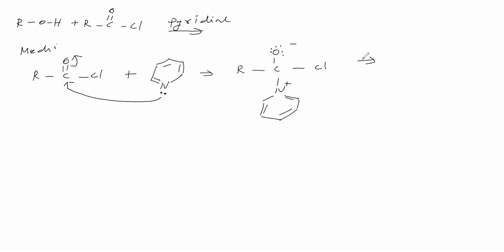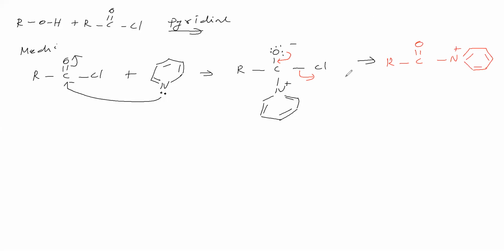So what is the next step that takes place? That point we will see. The next step is this bond comes like this. This bond is leaving. Okay, so we are getting an RCO with this N, and this N will have a positive charge.